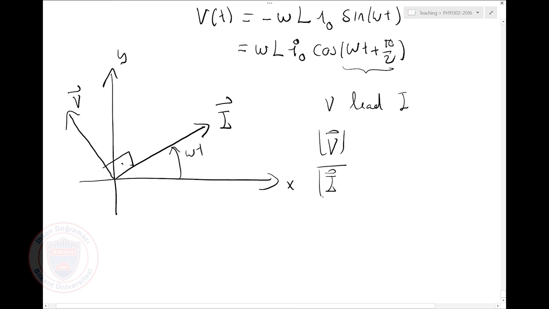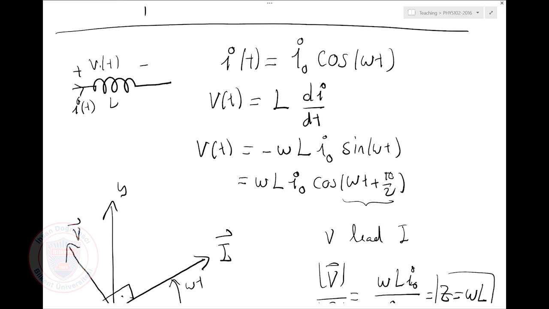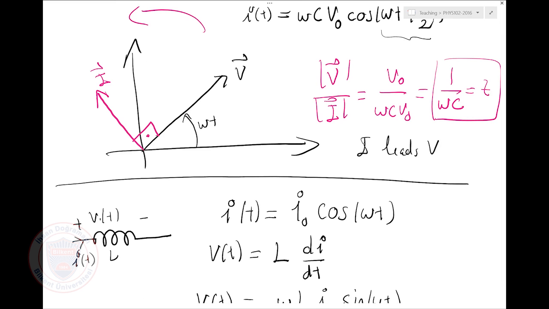How about the impedance? How about if I look at the ratios here? Omega L I0 divided by I0. So the impedance is omega times L. Now, it's kind of interesting.